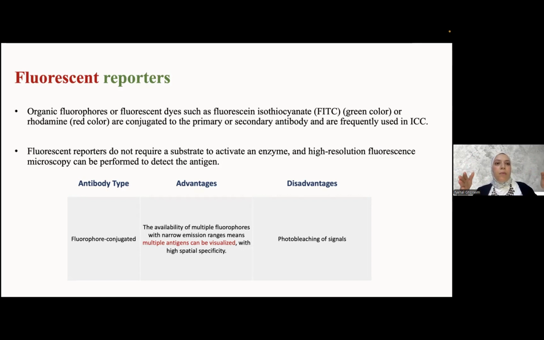For example, take a primary antibody against actin raised in rabbit; the secondary will be anti-rabbit as well.